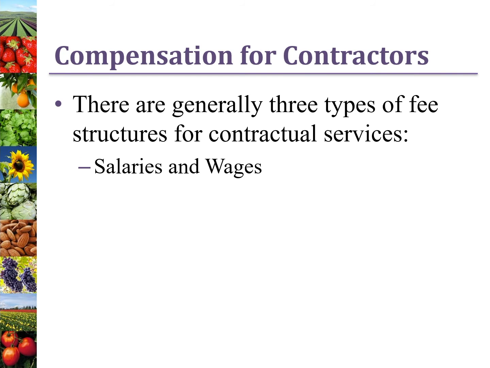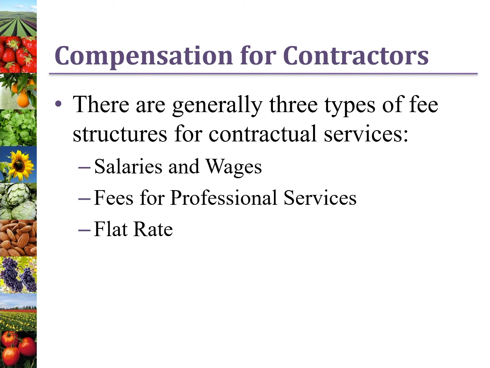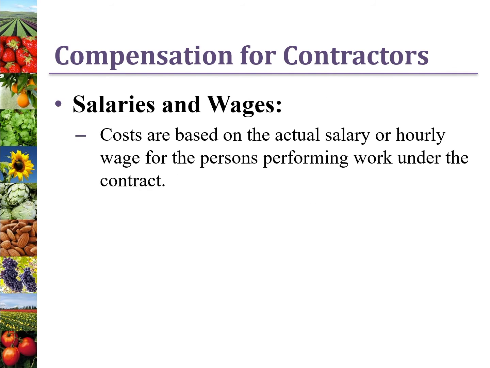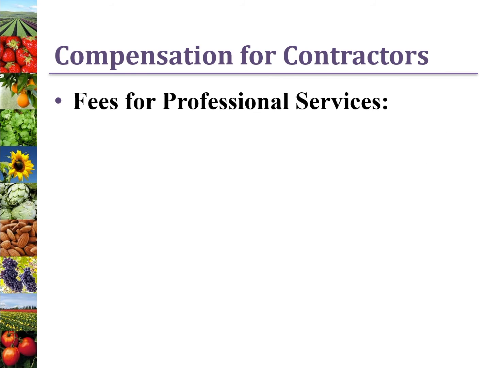There are generally 3 types of fee structures for contractual services: salary and wages, fees for professional services, and flat rate. For salaries and wages, costs are based on the actual salary or hourly wage for anyone performing work under the contract.